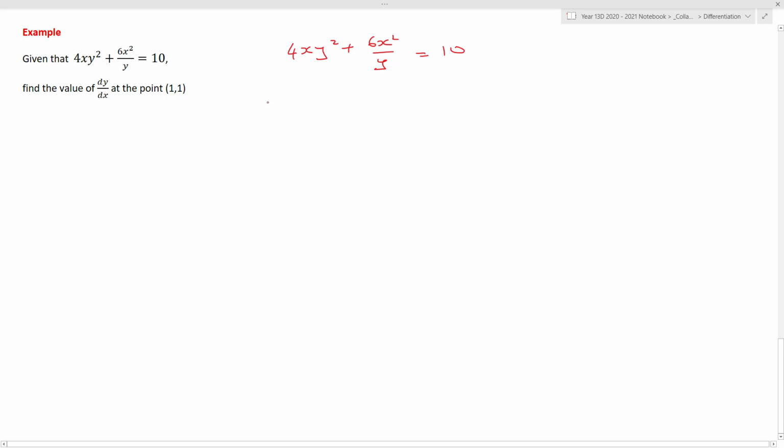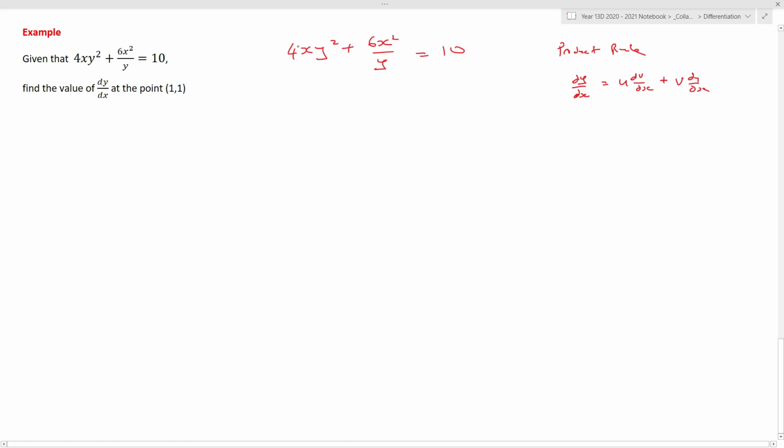What we're going to do is try to differentiate implicitly, and assign u and v. Now, product rule is given by dy by dx is equal to, remember, u dv by dx plus v du by dx. So let's apply that to this part of the equation first.